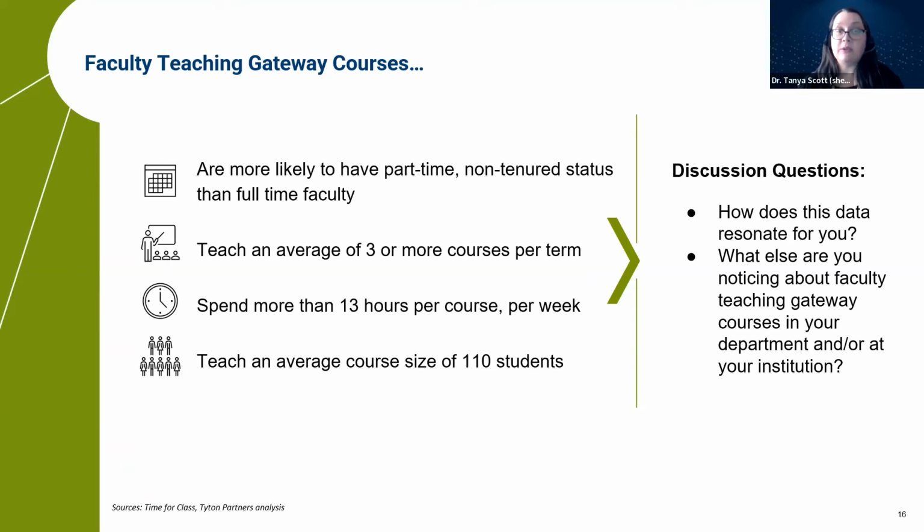Take a look at those numbers here. Faculty teaching gateway courses are more likely to have part-time non-tenured status than full-time. They tend to teach an average of 3 or more courses per term. They'll spend more than 13 hours per course per week, and they'll also teach an average course size of about 110 students. So how does this resonate with you?